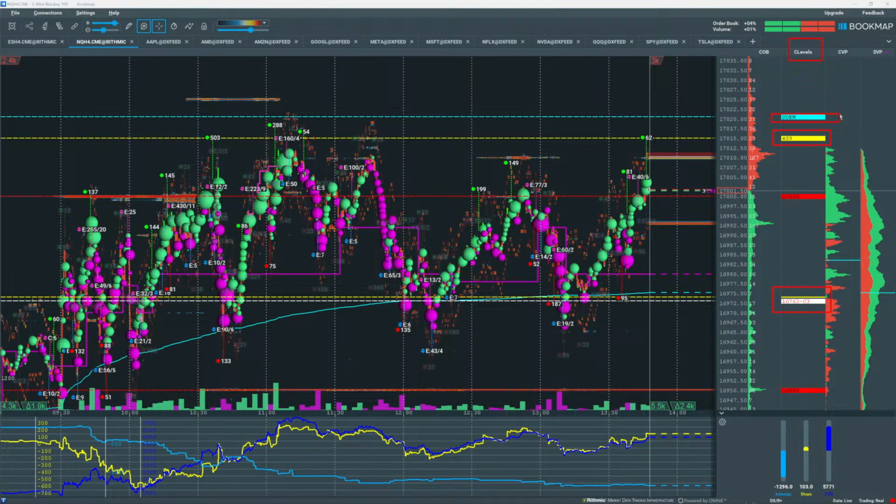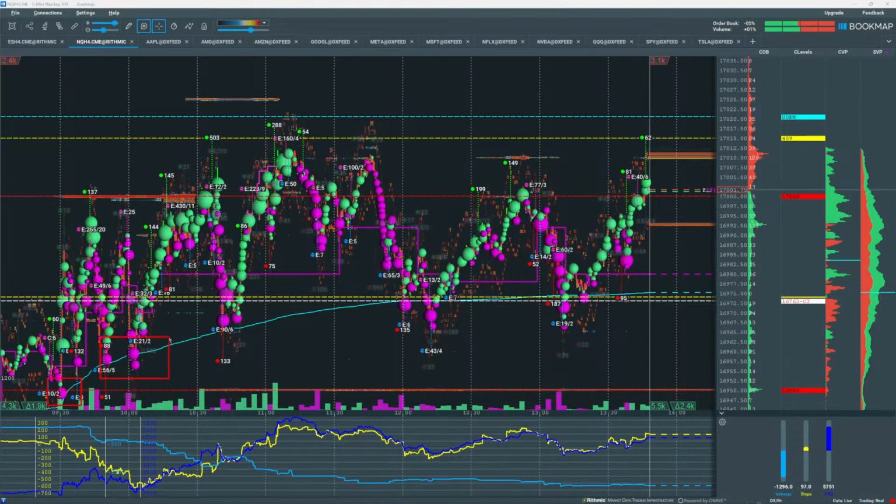So there's the upper daily expected move for NQ. And the key takeaway from this chart is how these pullbacks to VWAP have been great entry points for longs all day long.